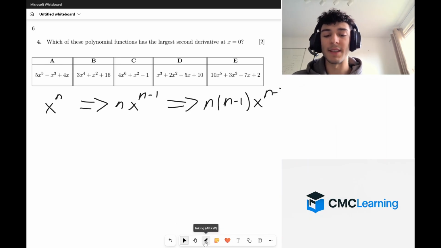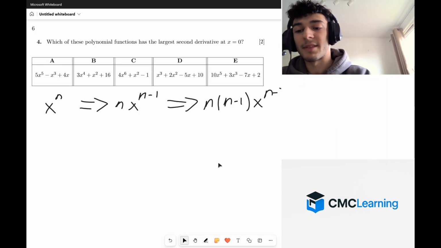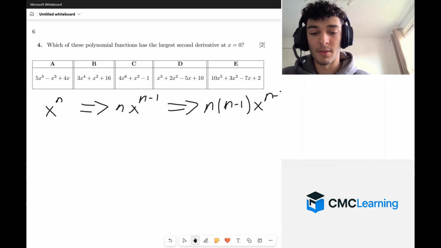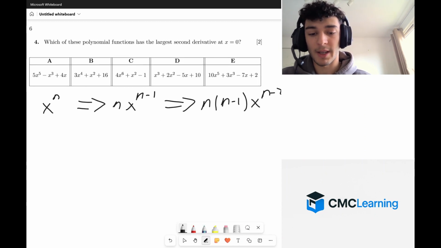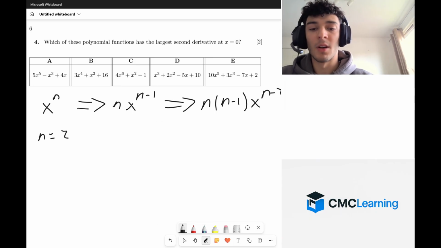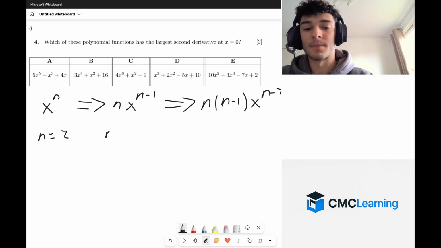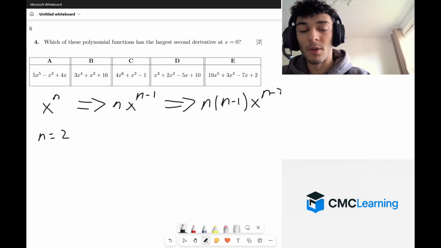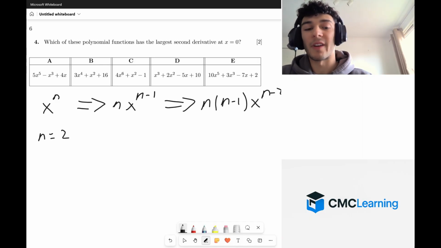The key thing is, when we do the second derivative, if we keep in mind what values we're looking at, if n is equal to 2, my polynomial term disappears.